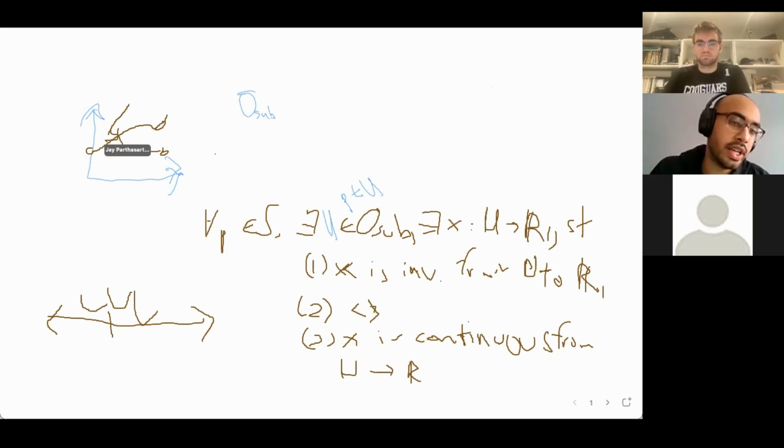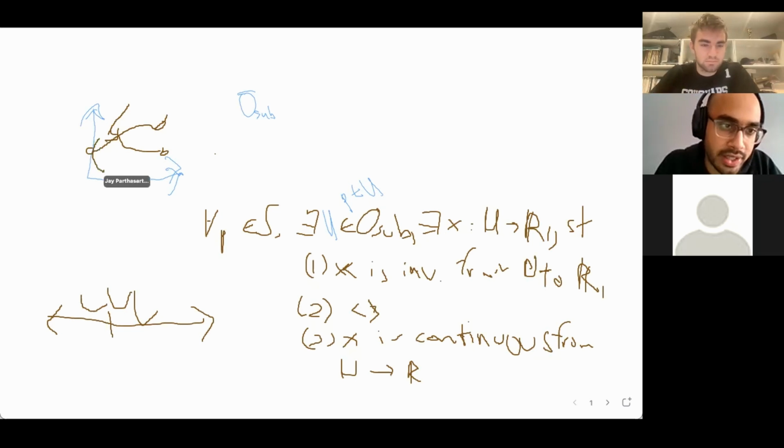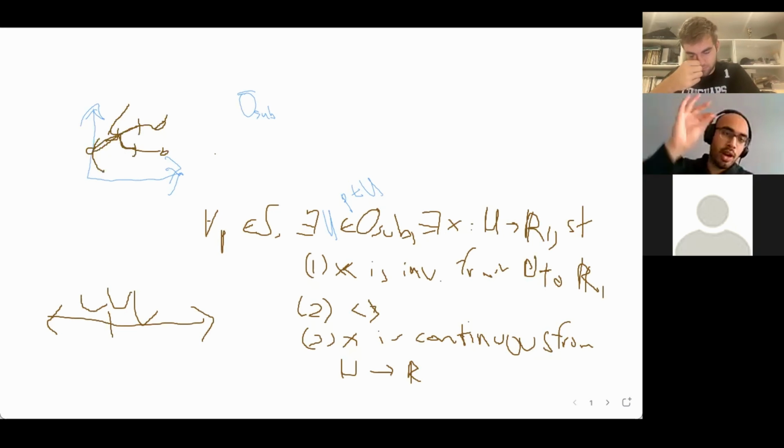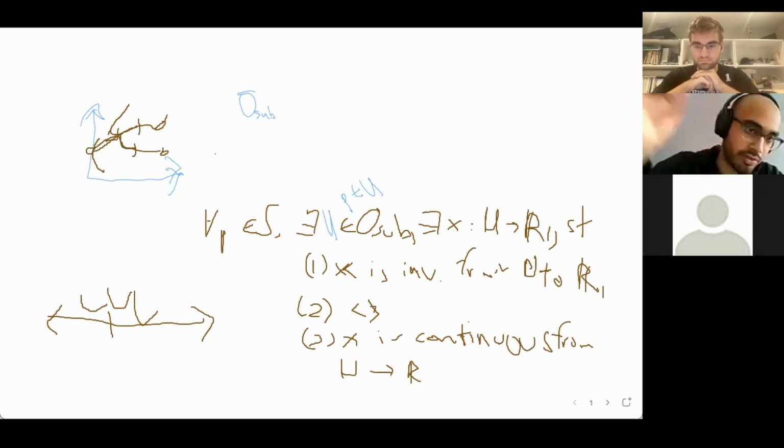Well, it's definitely not a one-dimensional manifold, because with the standard topology there's an open set that includes this, and it also includes this, but there's no open set that includes just one part of the branch. Any open set around the branch point includes all three ways that it goes out.